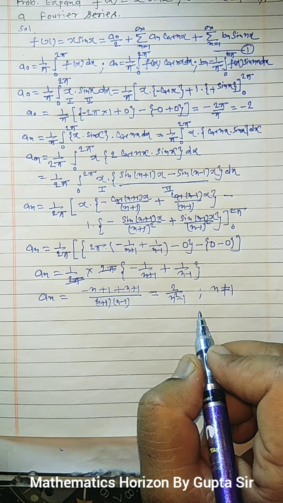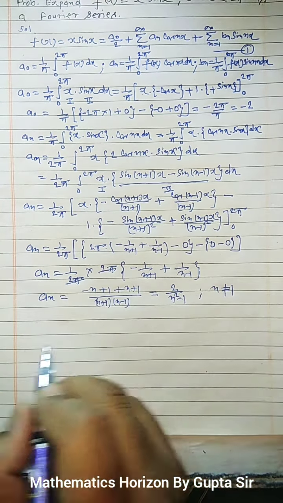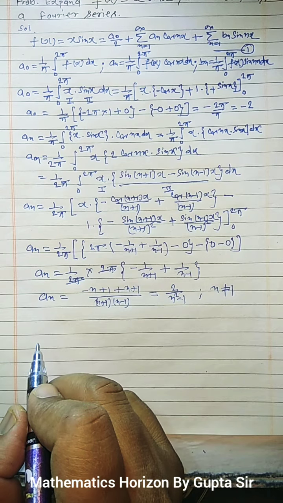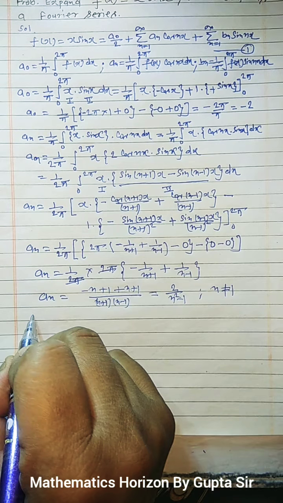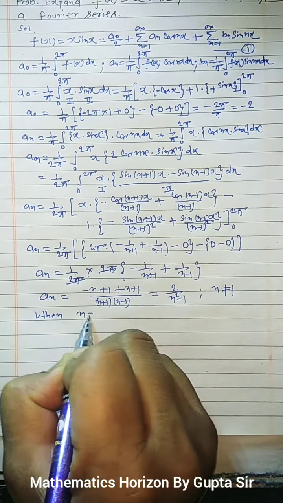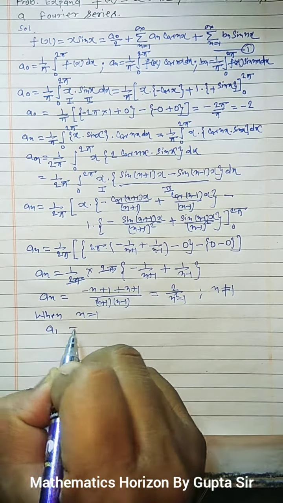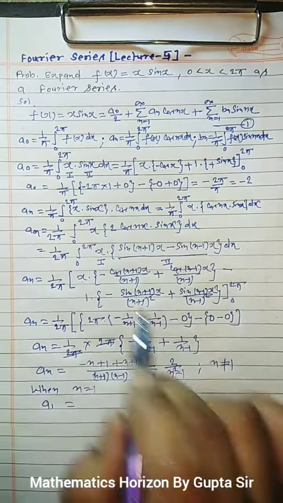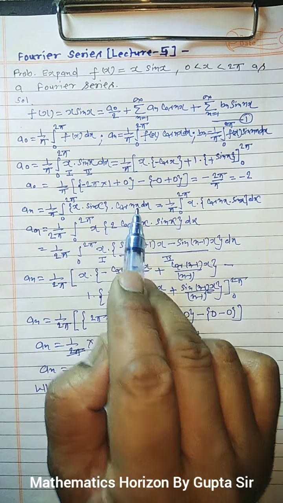For n equal to 1, we have to separately find out the value of a n. So what is the formula for n equal to 1? When n equal to 1, then a1 equal to, we simply put n equal to 1 here.